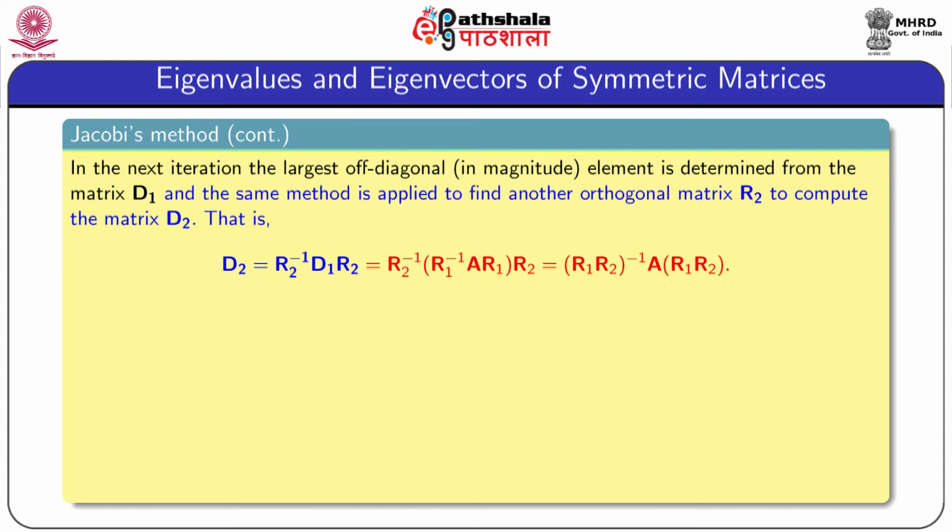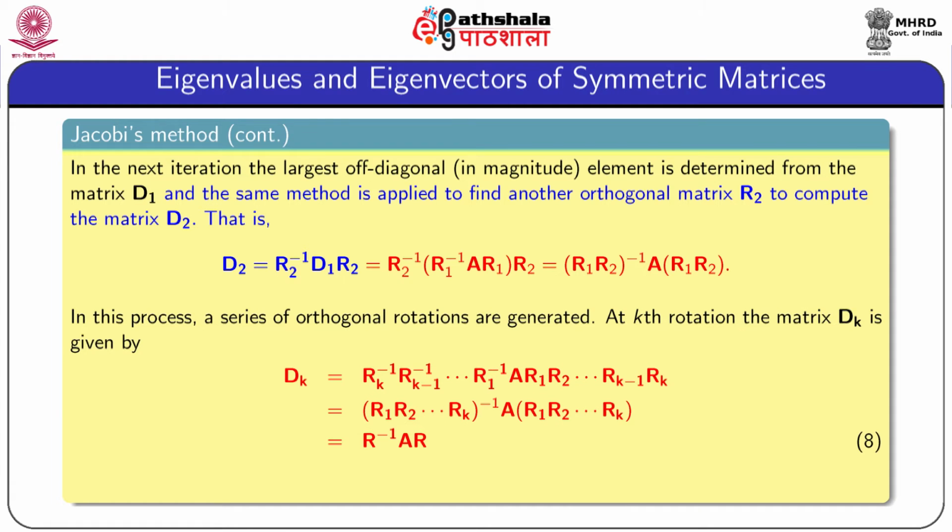By substituting the values of D1, we get R2 inverse into R1 inverse A R1 into R2, that means R1 inverse A R1 is nothing but the value of D1, and this expression can be written as R1 into R2 whole inverse into A into R1 R2.